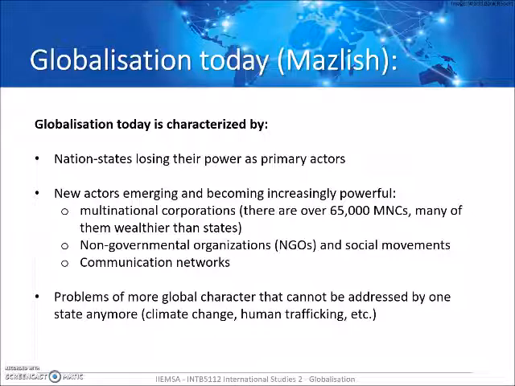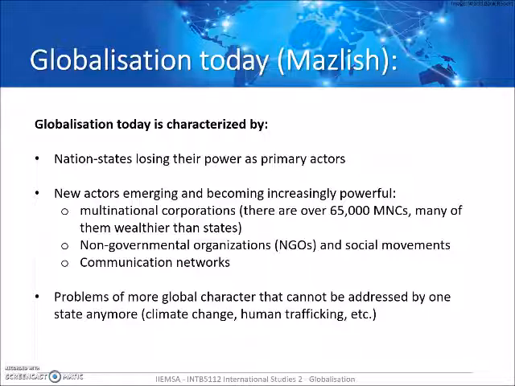So for example, a Nestle has more wealth than, I don't know, Zimbabwe or whatever country, Malawi, any small country, Mozambique. Which obviously changes the power dynamics completely, right? Because all of a sudden you have a corporation that in terms of wealth is much more powerful than certain countries where they function in, right?